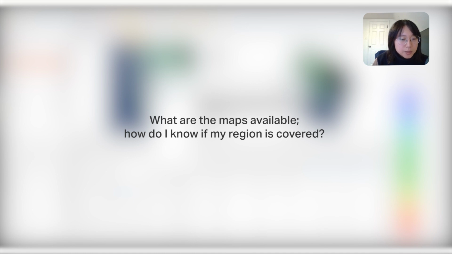Okay, one more question. What are the maps available? How do I know if my region is covered? As an FYI, our terrain generator is provided by a third-party software called Mapbox. And at least according to their website, their satellite availability does vary by location.